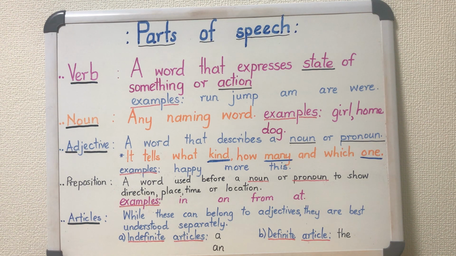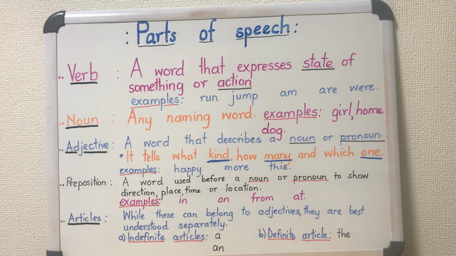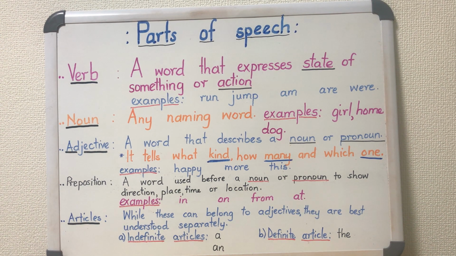Then we have another article, which is a definite article. There's a difference between a boy and the boy. If I say a boy, and then I say the boy, there's a vast difference. A boy is just any other boy. Go and call a boy among those boys.